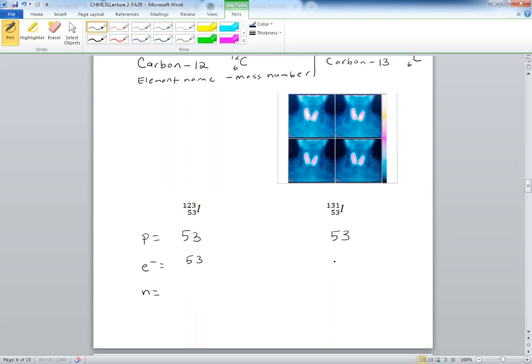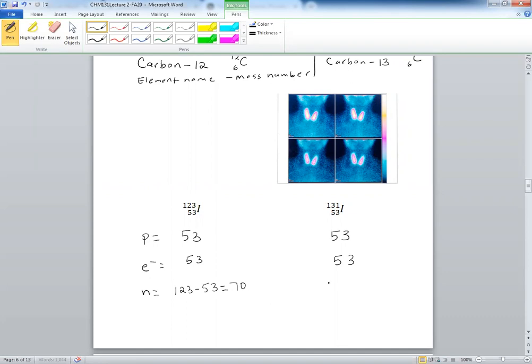It is also 53. And then the number of neutrons is 123 minus 53, which is 70. So you have 70 neutrons in the first one here.